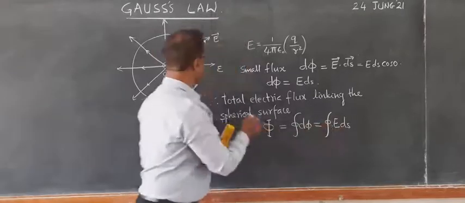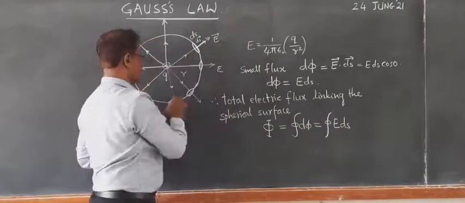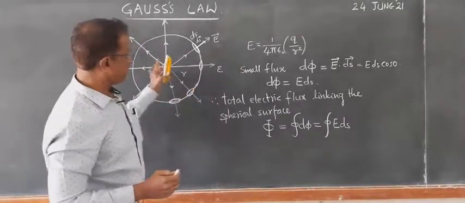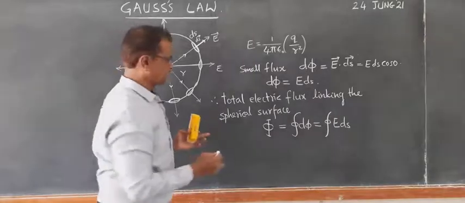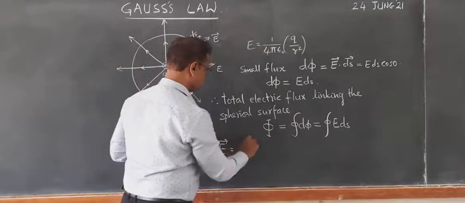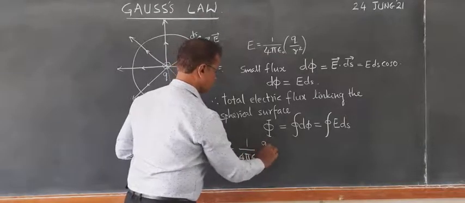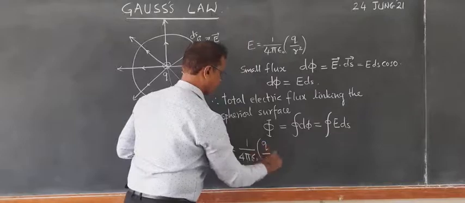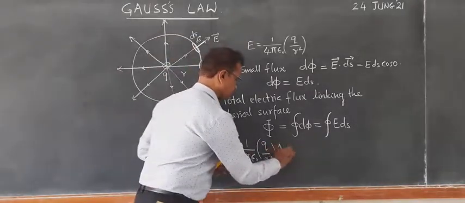Surface integral of the electric field for the entire surface. Electric field at every point has the same value, because every point is at the same distance r, that is the radius. Therefore, we know electric field E is equal to 1 upon 4 pi epsilon naught q by r square, and it is radially outwards, along unit vector r.